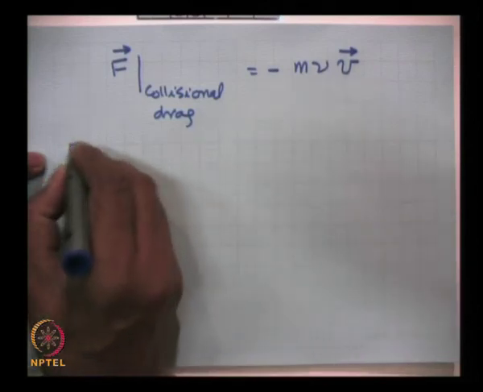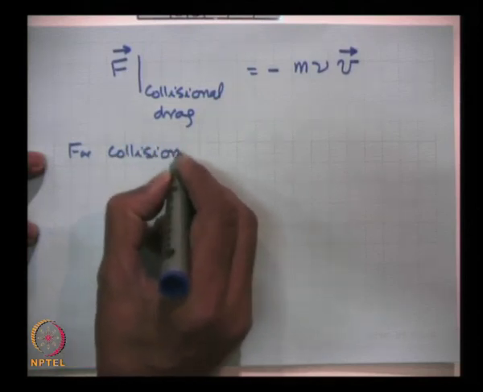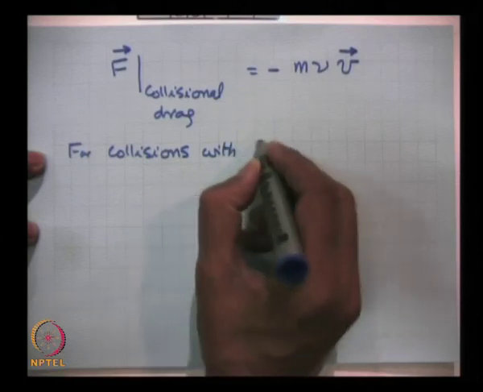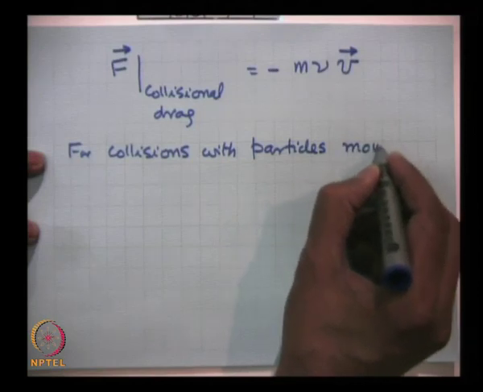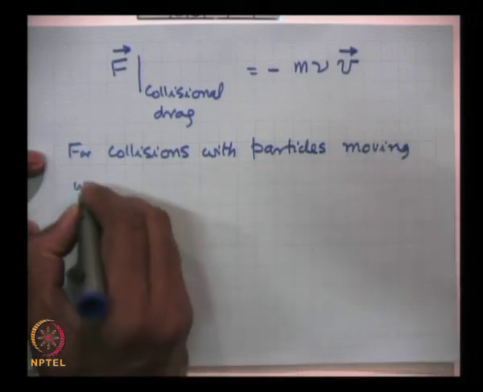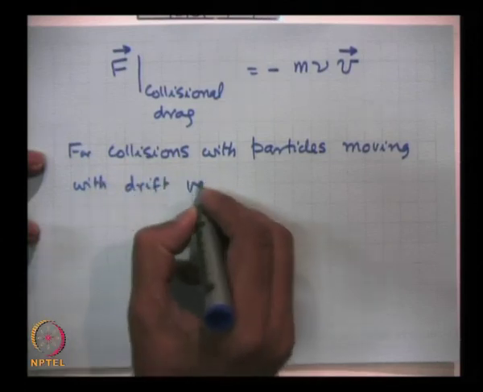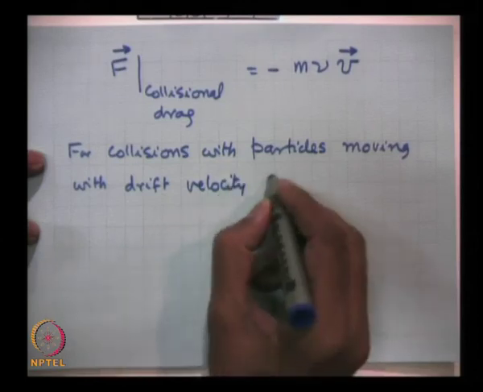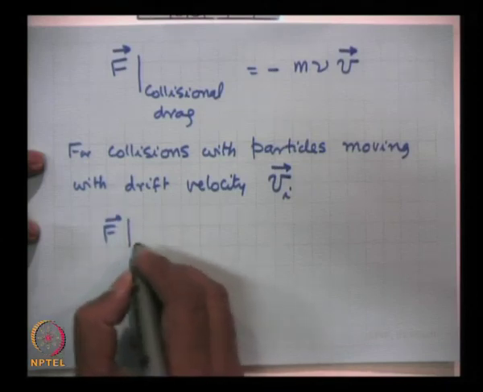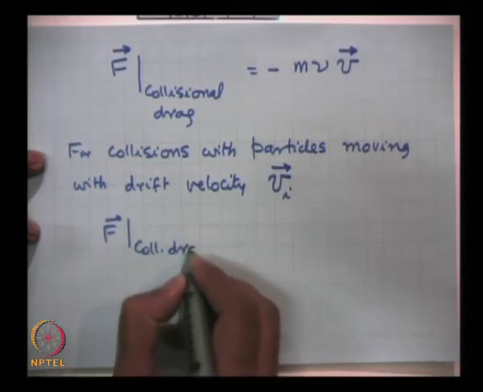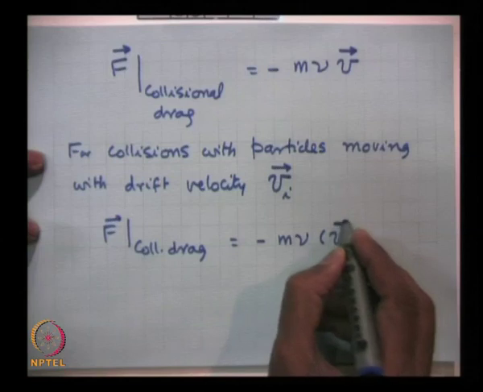For collisions with particles moving with drift velocity Vi, for instance, the F due to collisional drag would be minus m nu into V minus Vi.